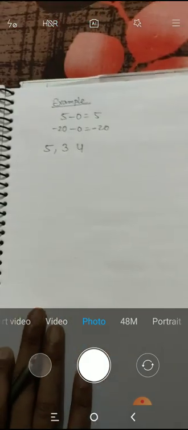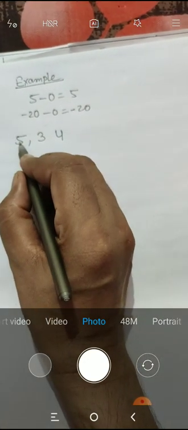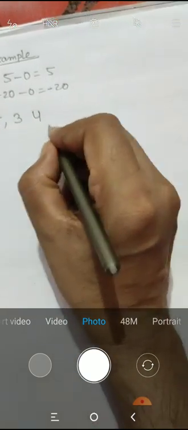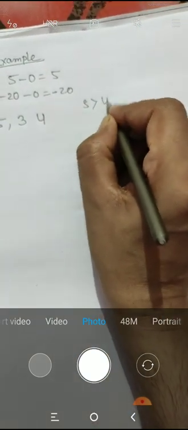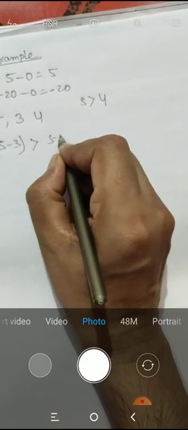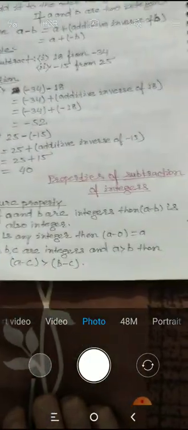If a is greater than b, like 5 is greater than 3, then in this condition 5 minus 4 will also be greater than 3 minus 4. So you need to remember this.